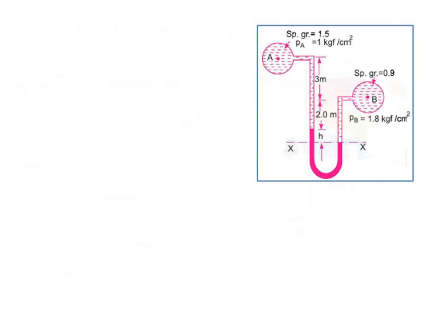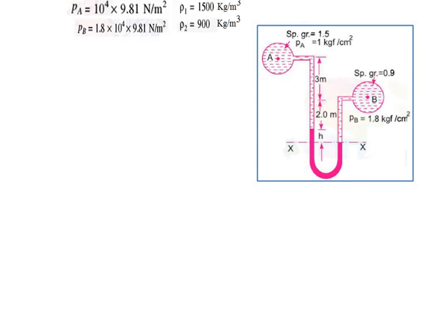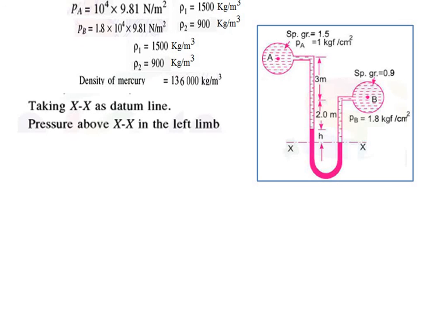So taking XX as the datum line, PA and PB have been given, rho 1, rho 2 have been given, and mercury density has also been given.